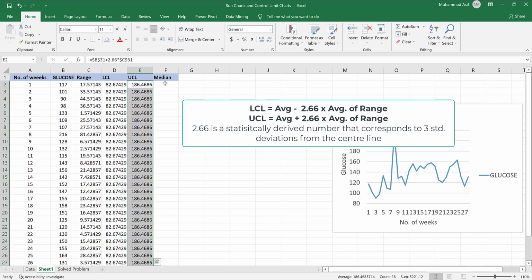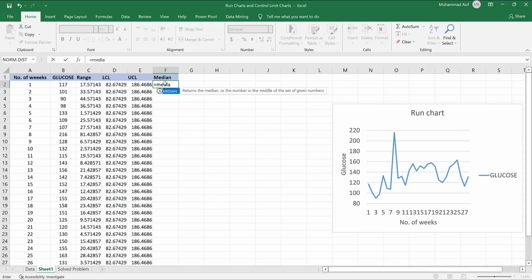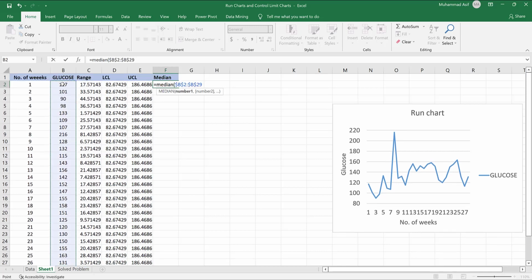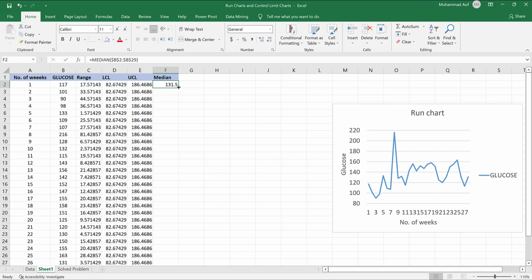Okay, and the last thing will be the median value, that's median, and median of this one, and I will lock it because there is only one median value, so I will lock this whole column, that's 131.5.